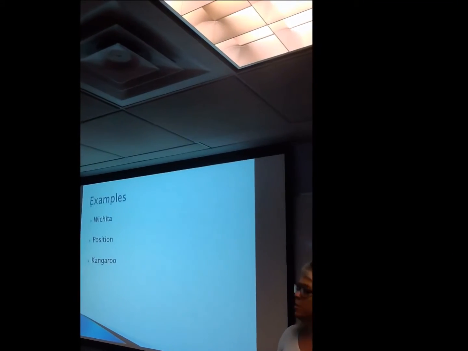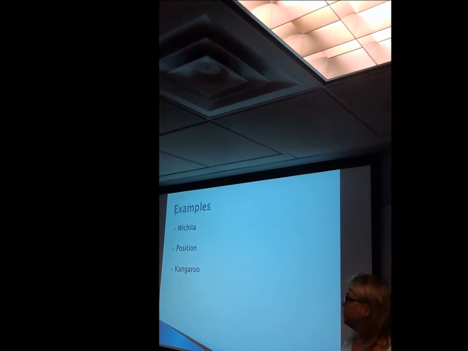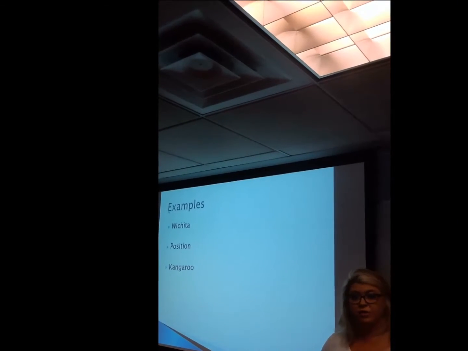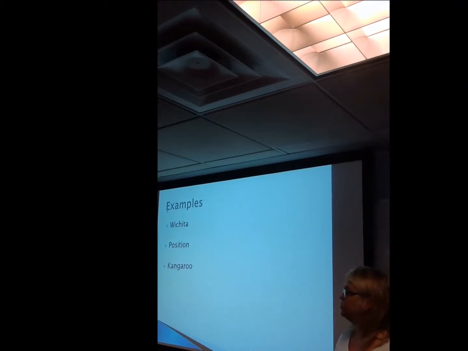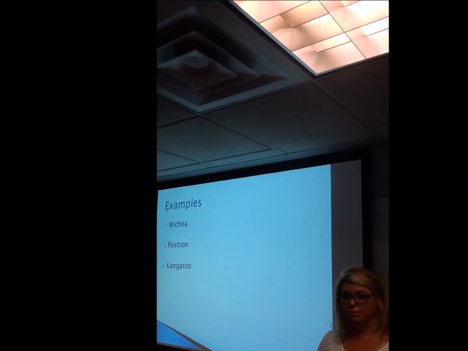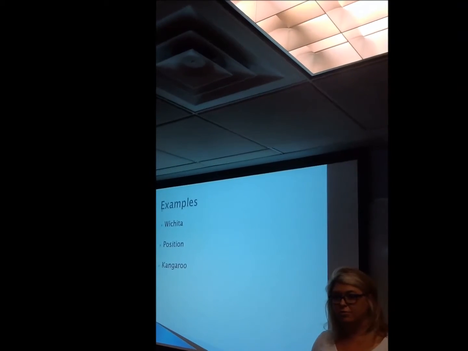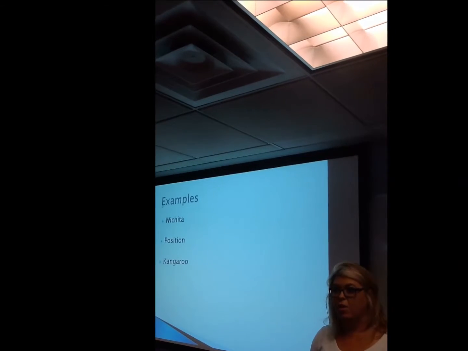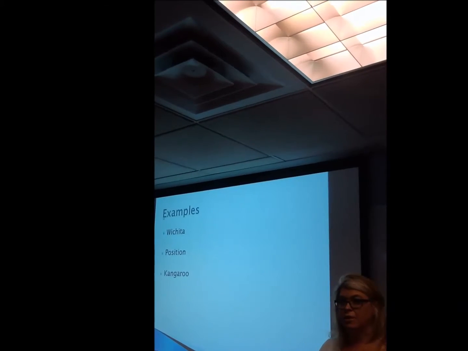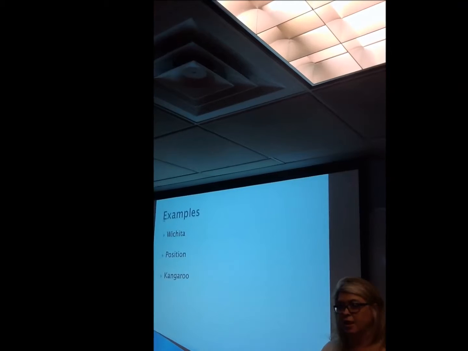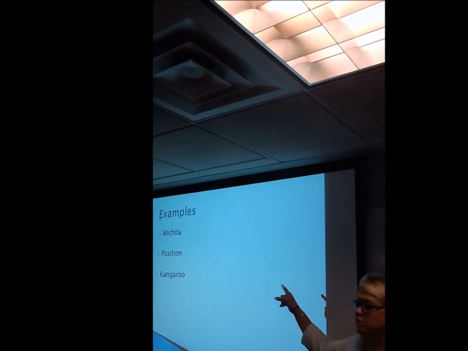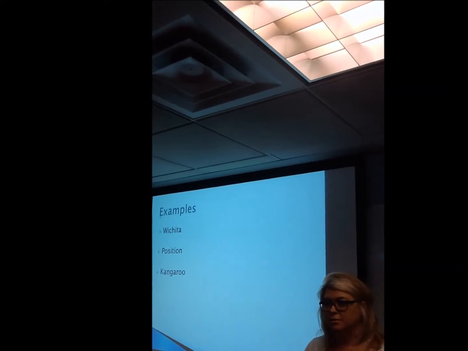So what are a couple examples to work through? I have three up here, and each has three syllables. The first one is Wichita. You guys say it now. Wichita. Okay, think about where the stress is. Compare that with the next one, which is position.